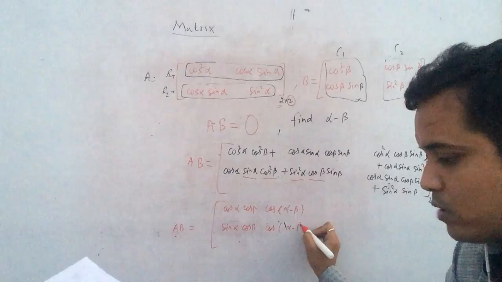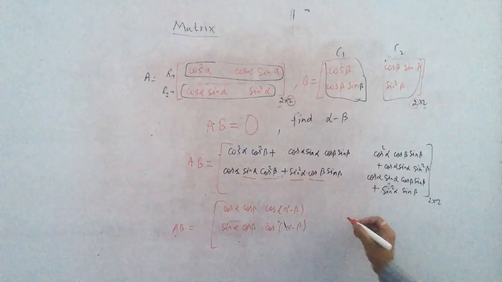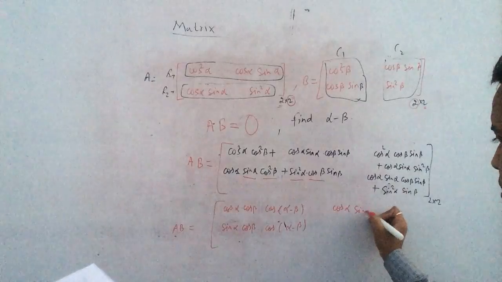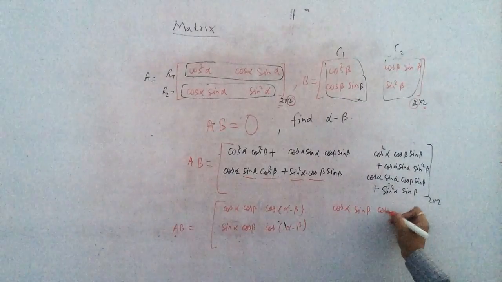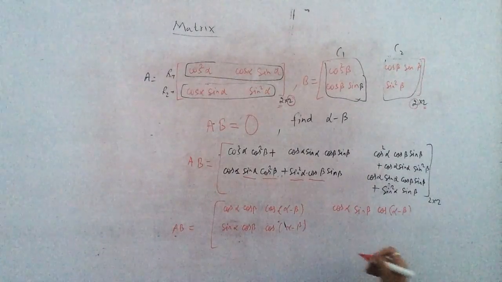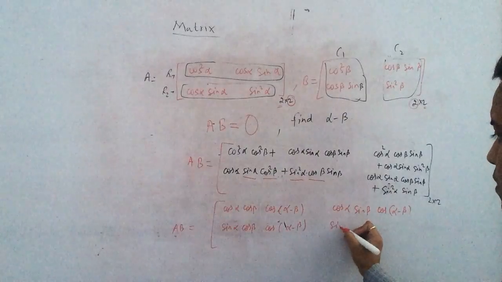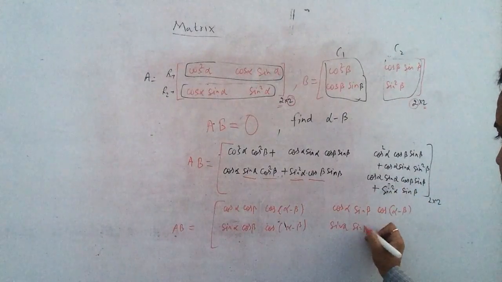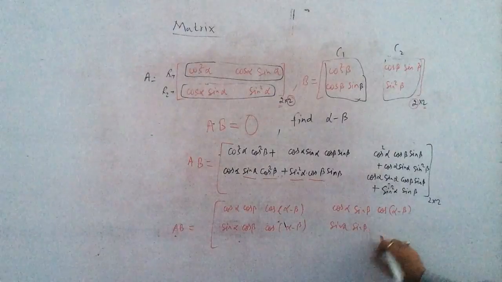I have solved this, so I am only writing the result. For the other elements you will get cos alpha minus beta again, and taking sin alpha sin beta common, you get cos alpha minus beta again.